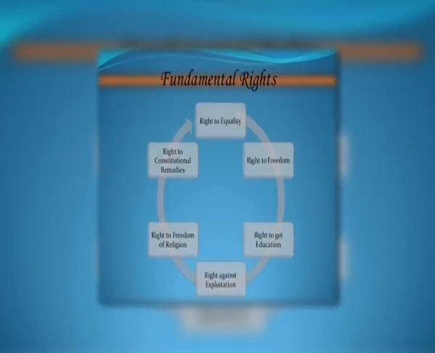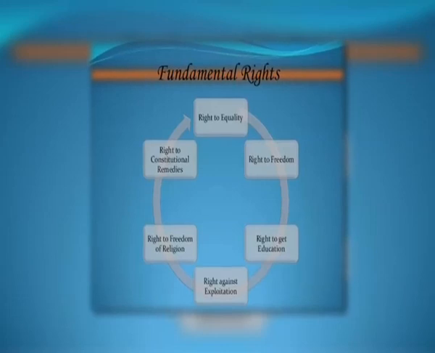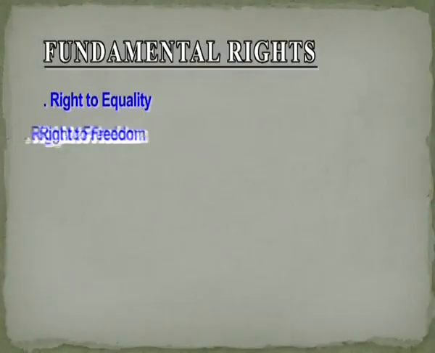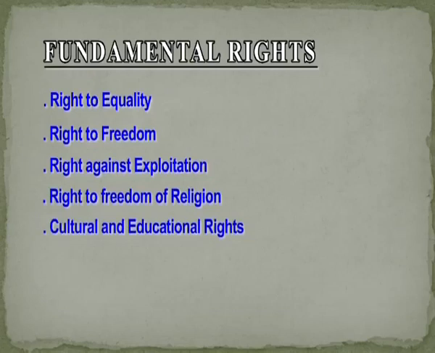The Constitution of India guarantees 6 fundamental rights to each and every citizen of India, and these rights are right to equality, right to freedom, right against exploitation, right to freedom of religion, cultural and educational rights, right to constitutional remedies. These rights are universal in nature. The Constitution of India provides for some exceptions and restrictions. No rights can be limitless. Every right has its own limits.